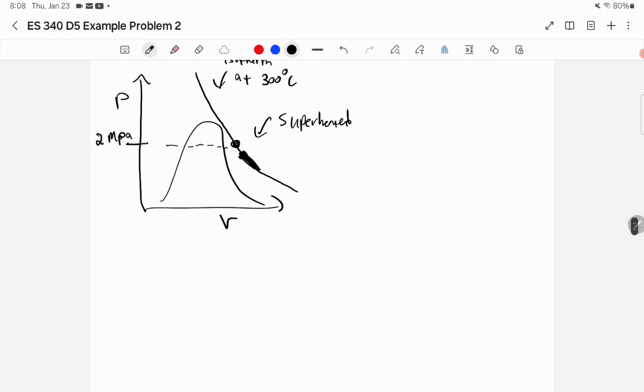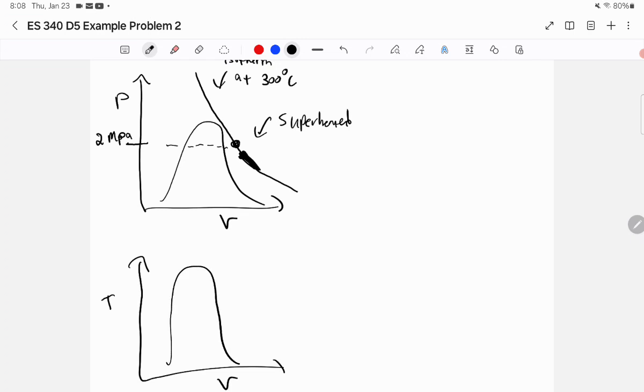Also on the TV curve, we can do the same thing. And it's a similar curve. I'm trying to make it look slightly different here. But obviously this is at 300 degrees Celsius. And the pressure in this case goes something like this. Once it goes across, and then it comes up here, and this is where it would fall.